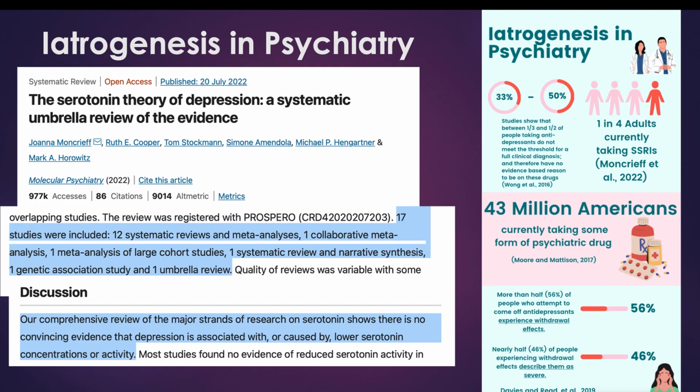I believe this is just in the U.S. that the study is referring to. 43 million Americans currently take some form of psychiatric drug, and many of those are SSRIs. And SSRIs, by the way, are not just prescribed for depression.